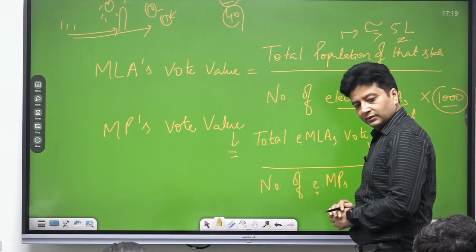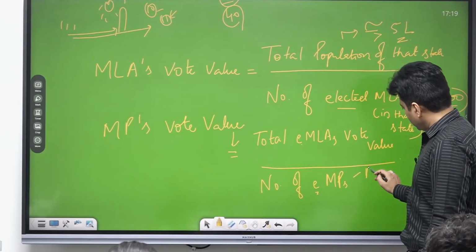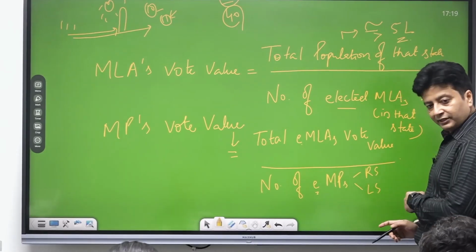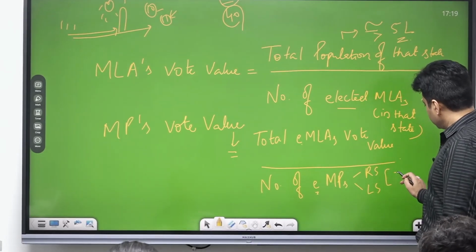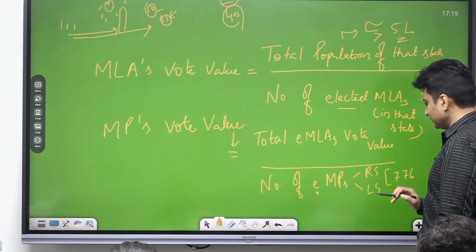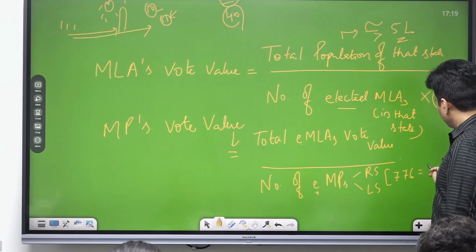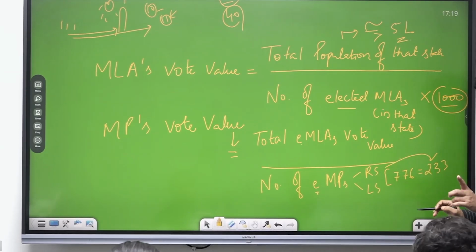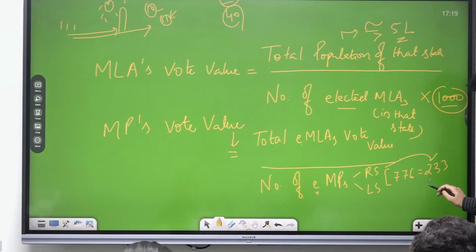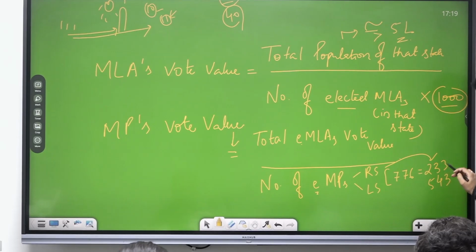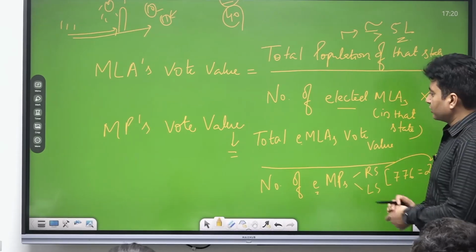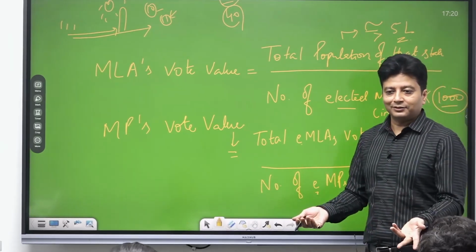E means elected MPs from Rajya Sabha and from Lok Sabha. In total, I have already told you how much? 776. How? 233 from Rajya Sabha, the 12 nominated have not been included, and 543 from Lok Sabha. 2 are not there, or they were there, so they were not included.